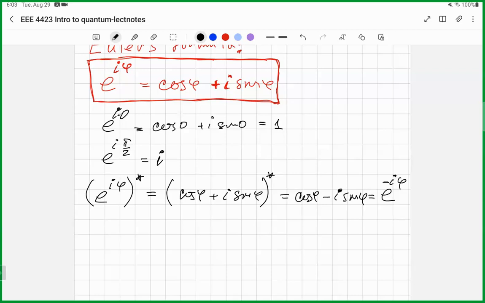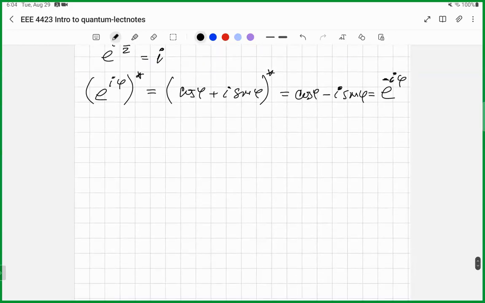So when we take the complex conjugation of the exponential function like this, we can just change the sign of the imaginary unit, and that will give you the complex conjugation.